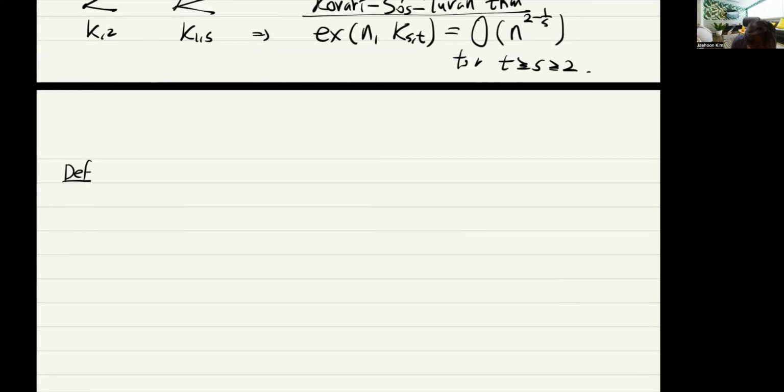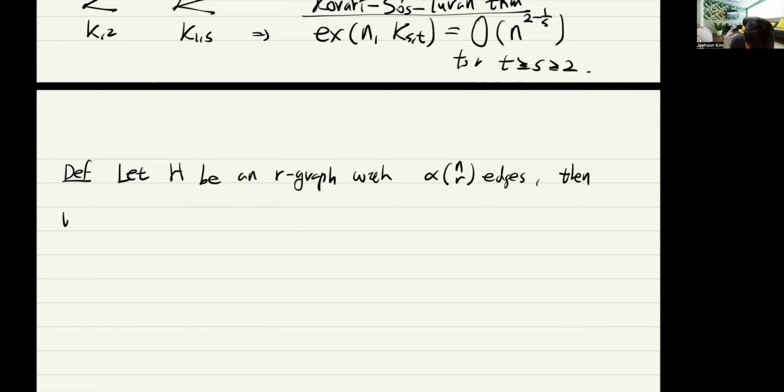So in general, we give a name to this constant. Say H is an r-graph with alpha times n choose r edges, and we say that this H has density alpha.